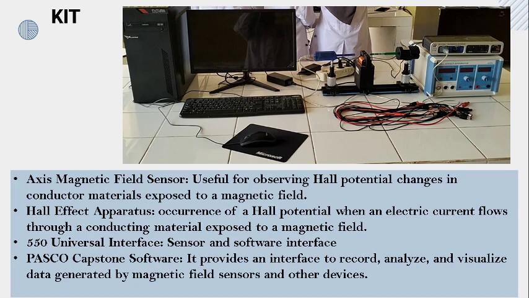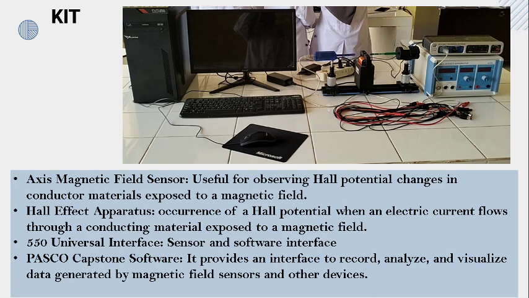Hall effect apparatus. This apparatus may be used to demonstrate the Hall effect, which is the occurrence of a Hall potential when an electric current flows through a conducting material exposed to a magnetic field. Usable for physics experiments related to the properties of conductor materials and magnetic fields.